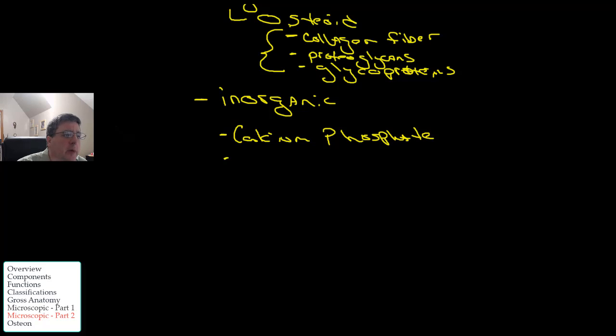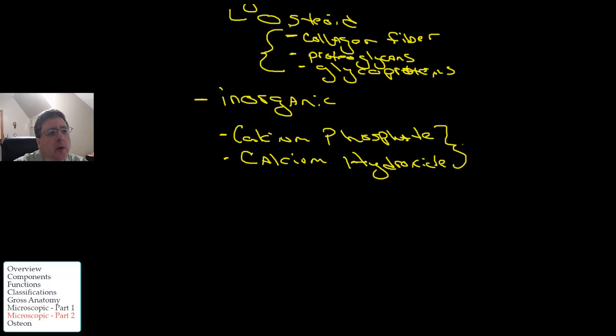And the other one would be calcium hydroxide. Okay, calcium hydroxide. And then these two interact to give you crystals of hydroxyapatite. Okay, hydroxyapatite.